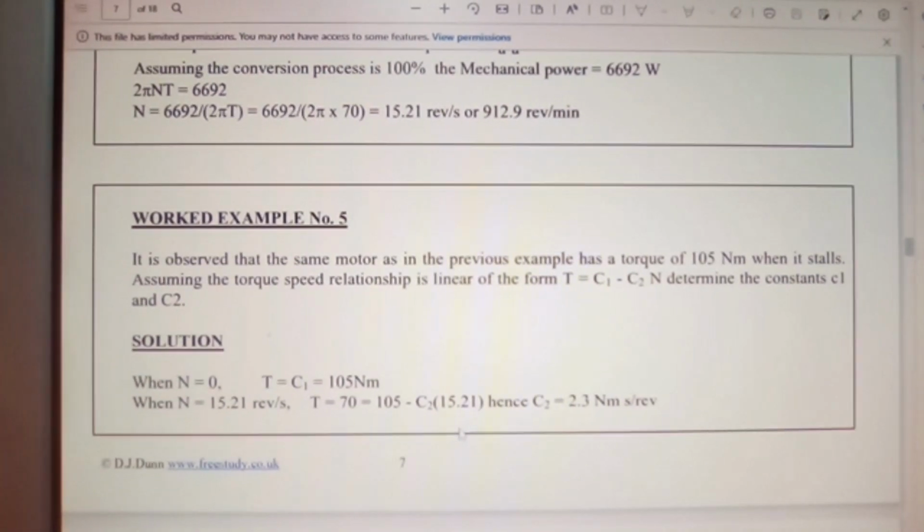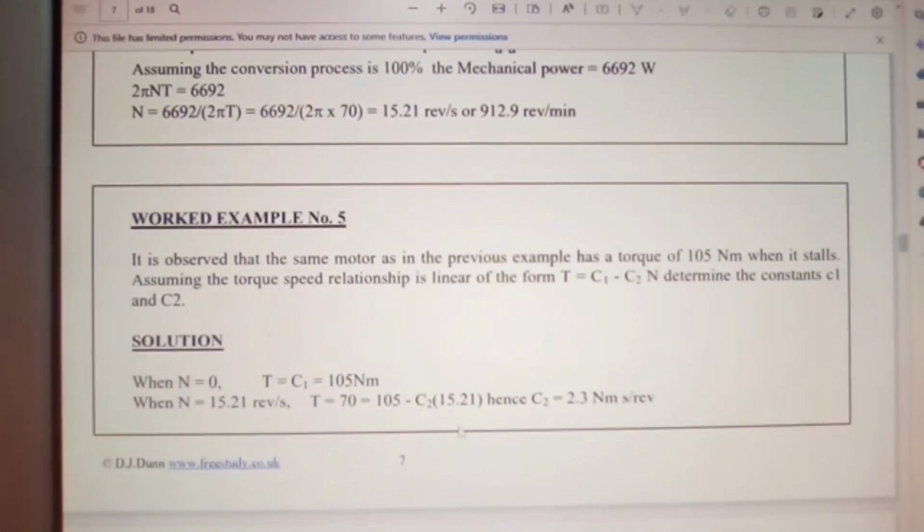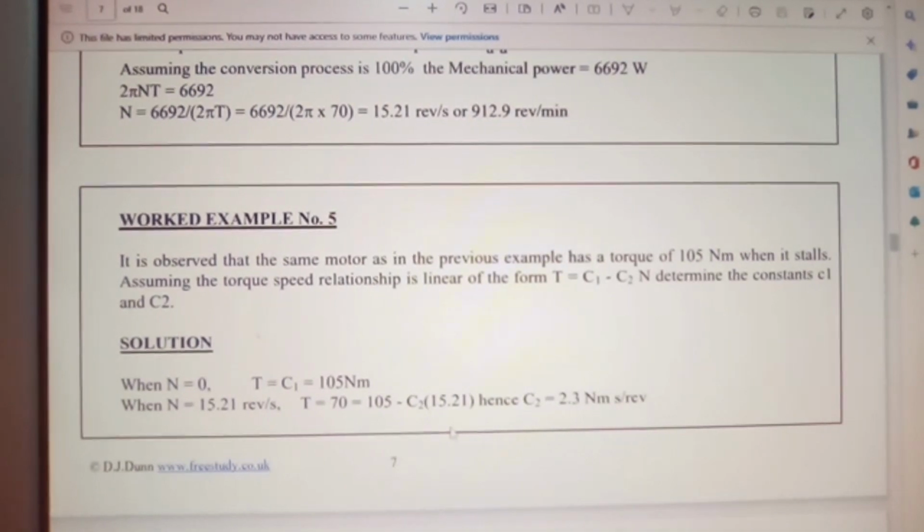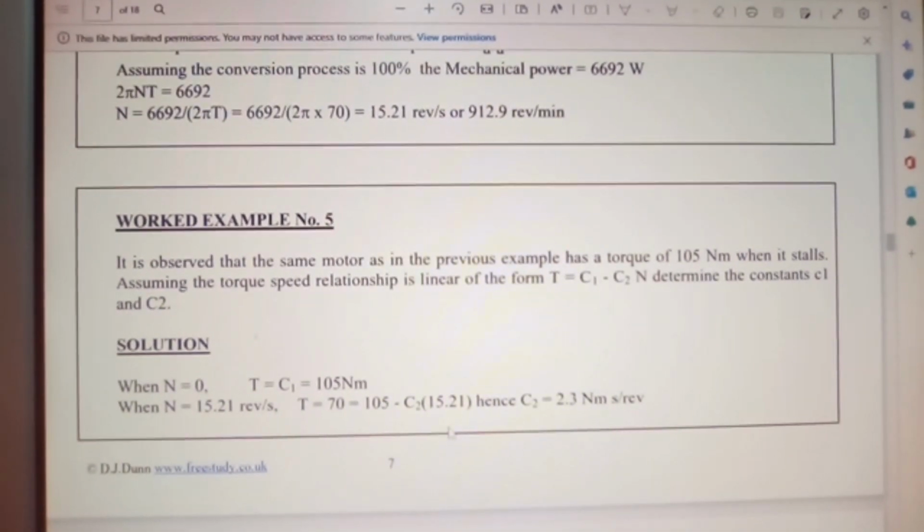At this level, you'll be doing this work for yourselves, basically, okay? And for me, my first question here is, where did you get 15.21 from? That's just my own question.